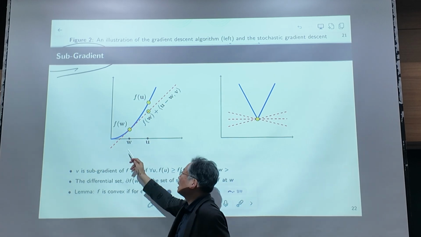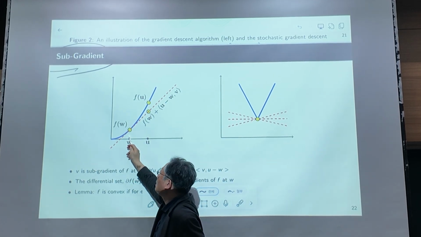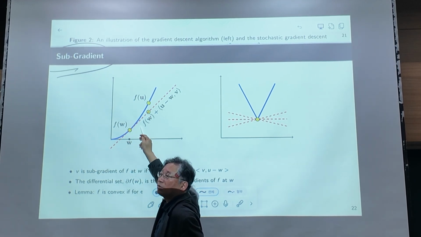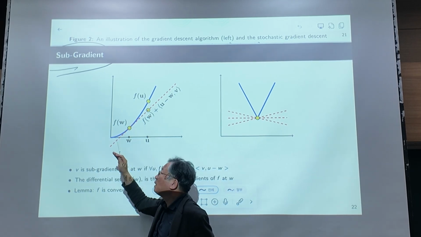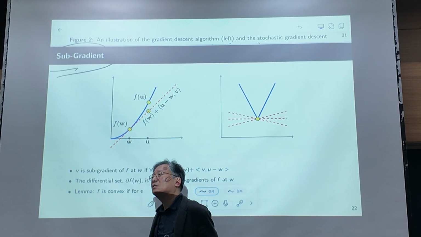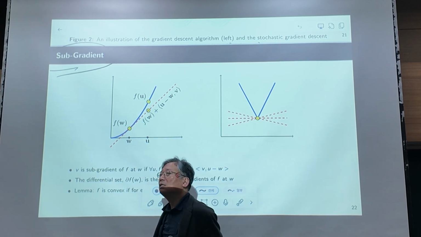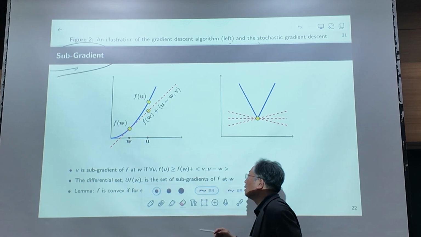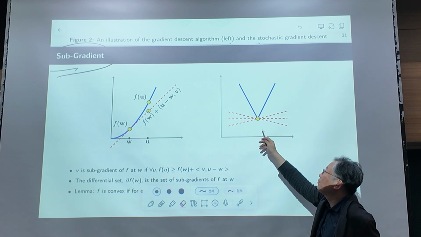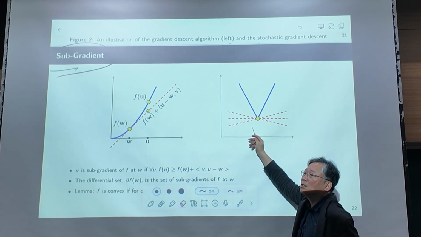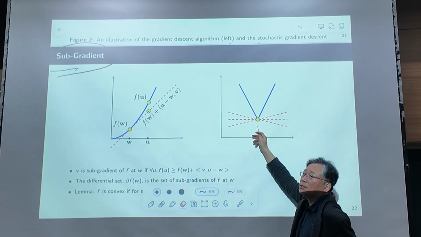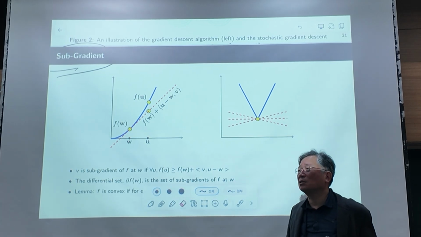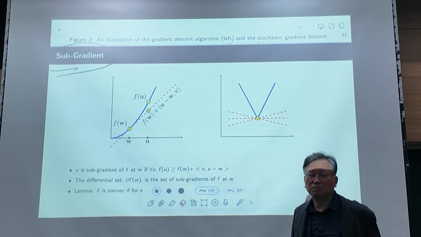Let's look at a continuous case, this blue one. What is the subgradient right here? It will be the gradient, right? If the function is continuous, the subgradient is unique. If the function is not continuous at some point, then the subgradient is not unique. Okay, there are many possibilities, and you can just choose one.